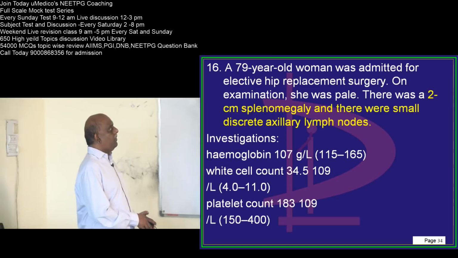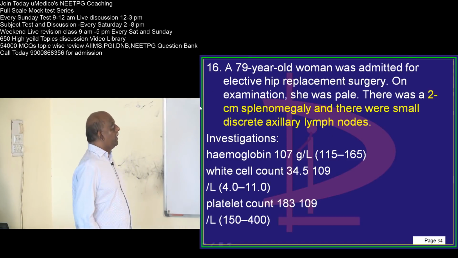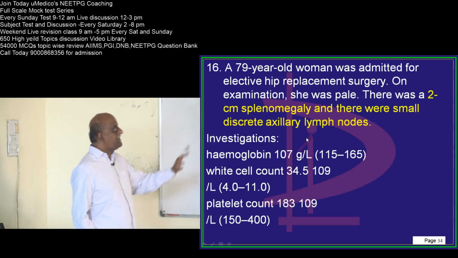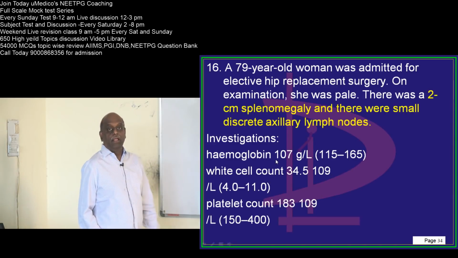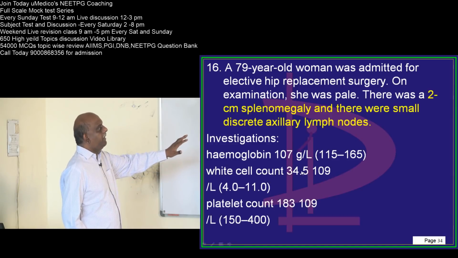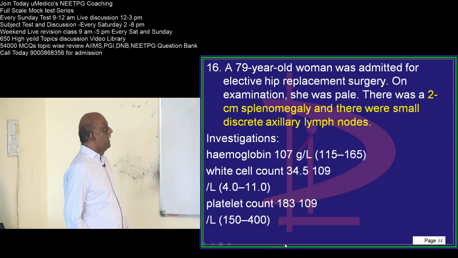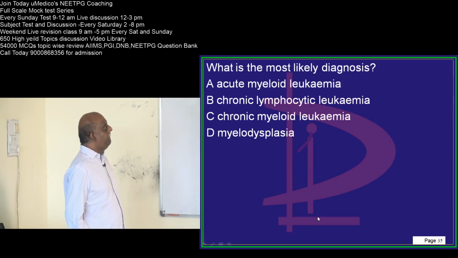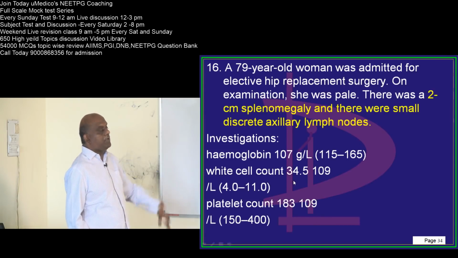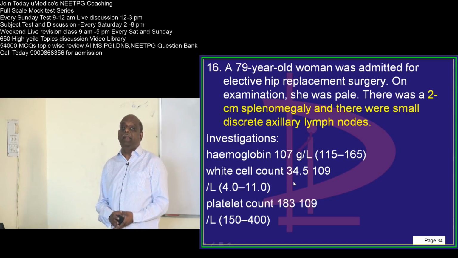A 79-year-old, 2 centimeters splenomegaly, small axillary lymph nodes, and you also see hemoglobin low, and what is the most likely diagnosis? And her WBC count is almost 34,500.